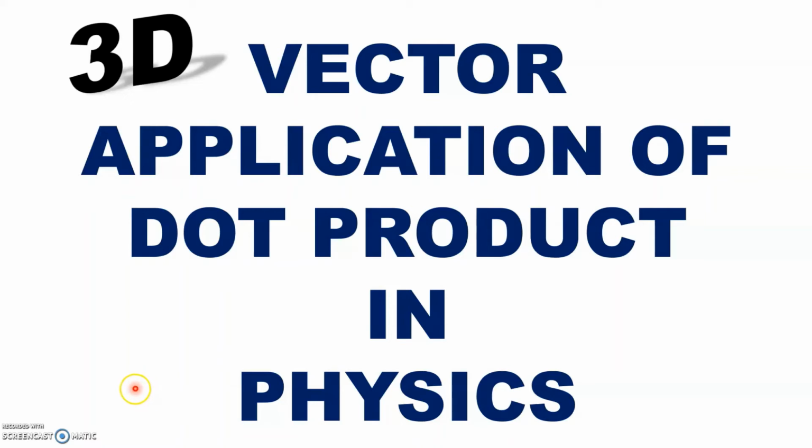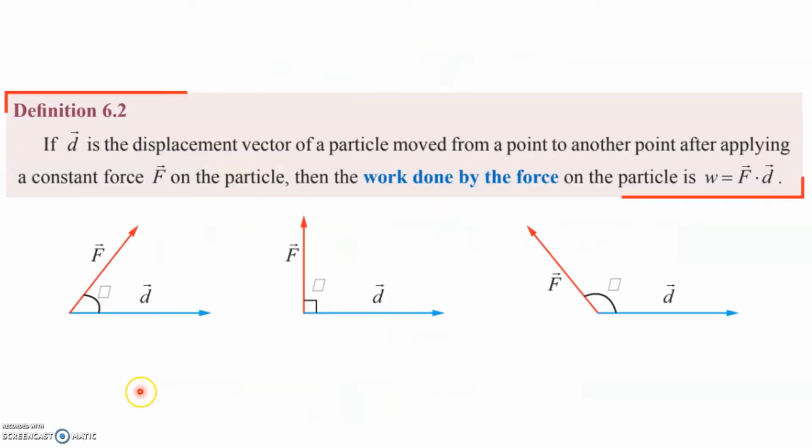In this video, we will see the vector application of the dot product in physics. The most practical application of the dot product in physics is the work done, which is related to force and displacement.